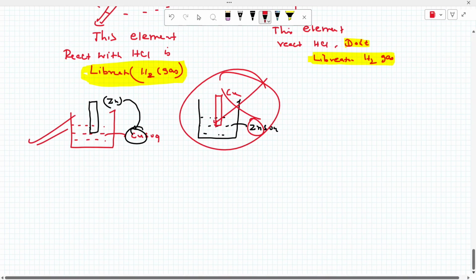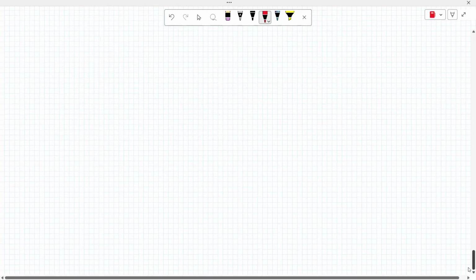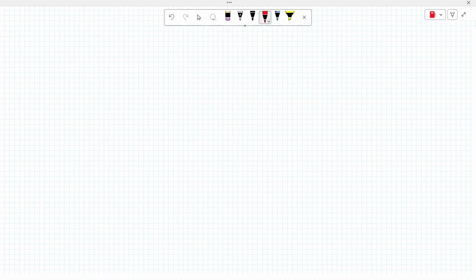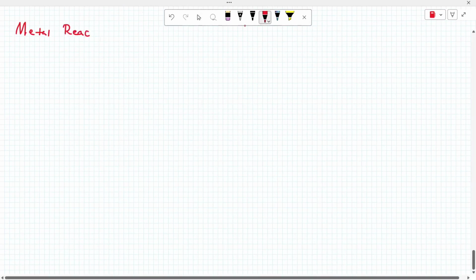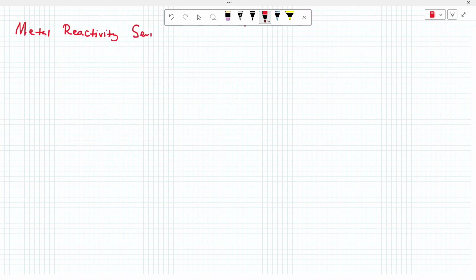Now, what is the metal reactivity series? Please know. Metal reactivity series. I follow mnemonics. Please note. This is Lika Sina. Do you know John Cena, right? Adhe mari.